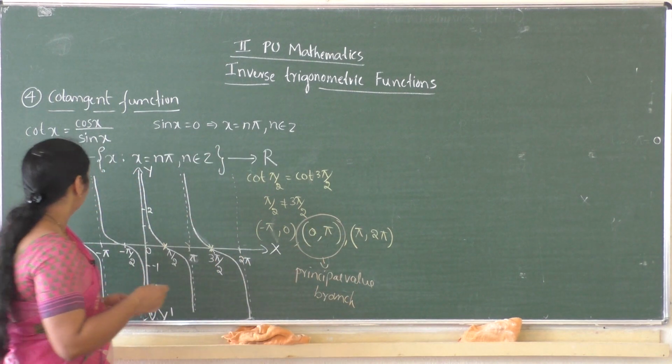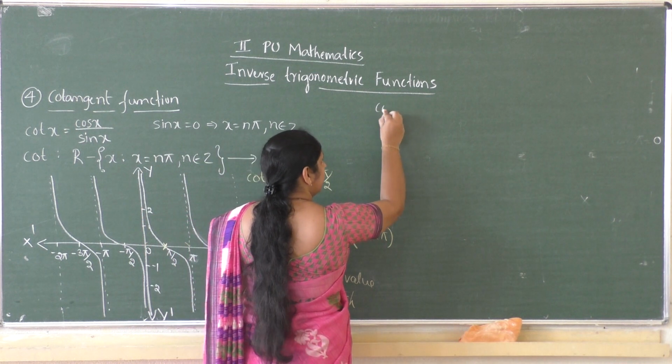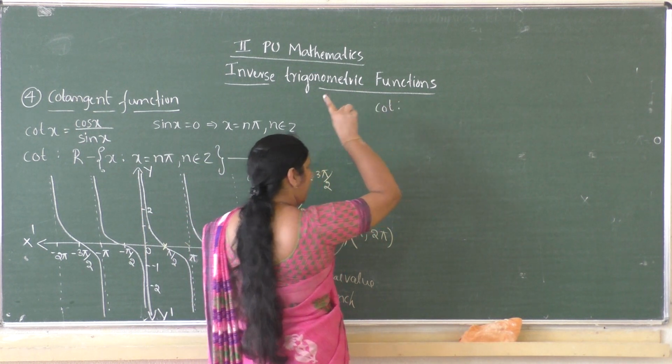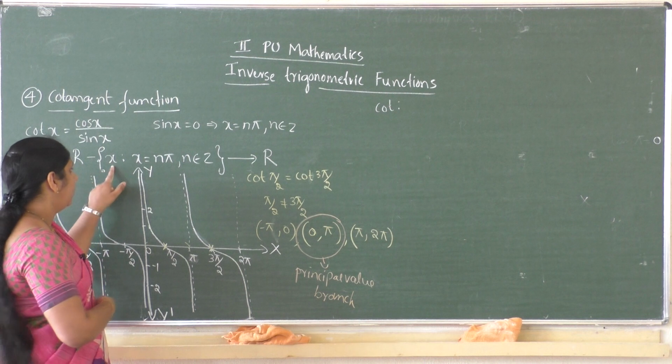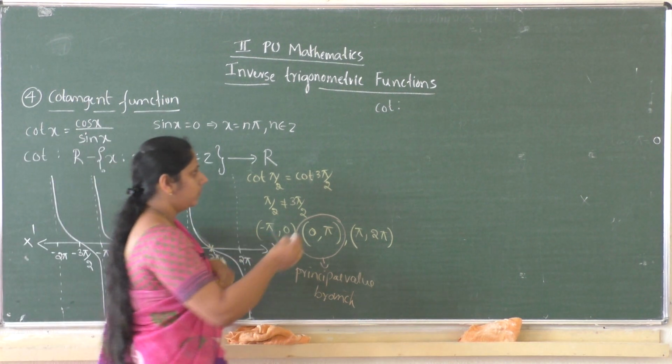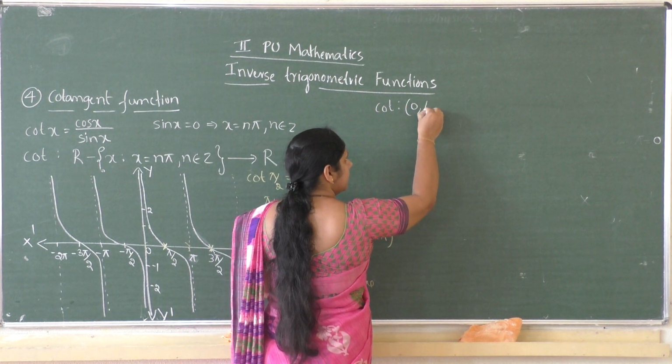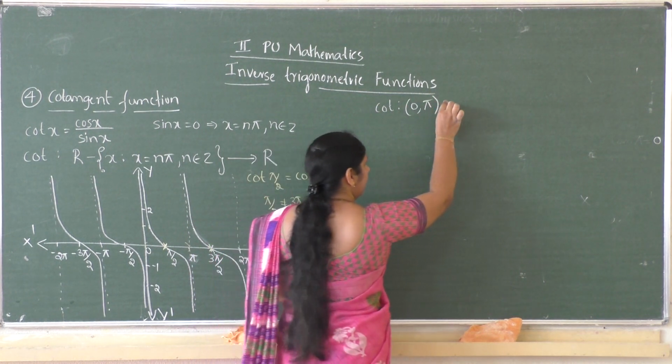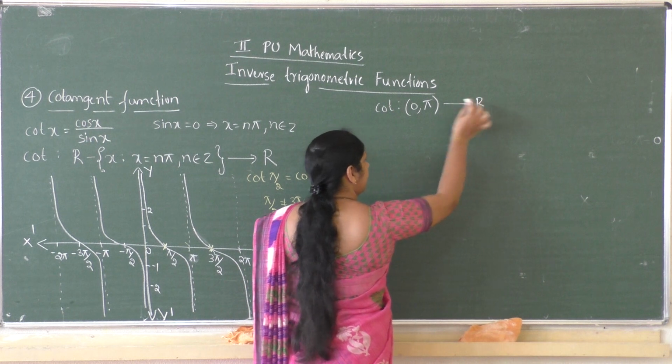So now we have to restrict the domain of cot: R minus the set of all x such that x equals n pi where n belongs to Z, to the open interval 0 to pi.